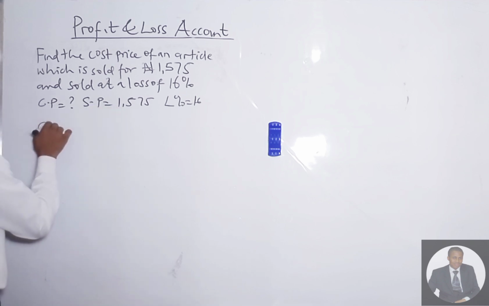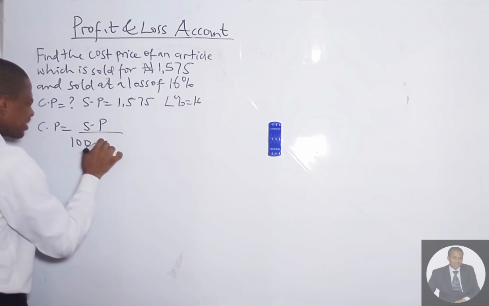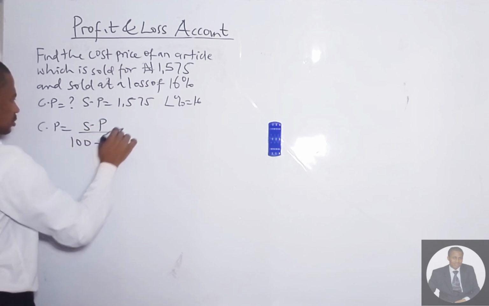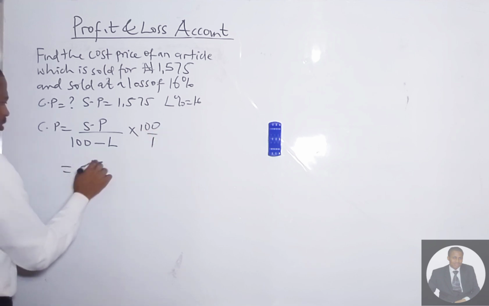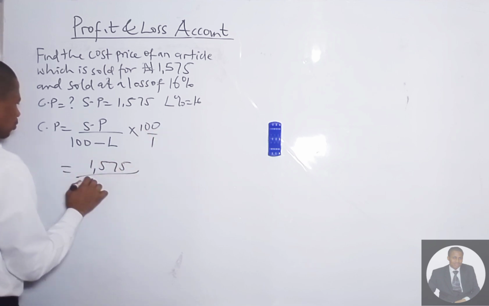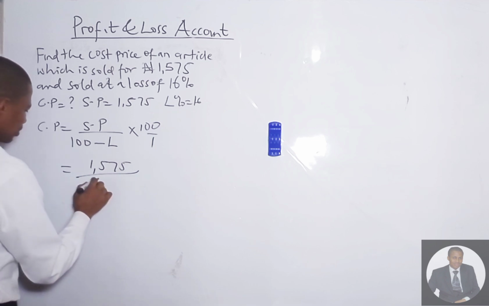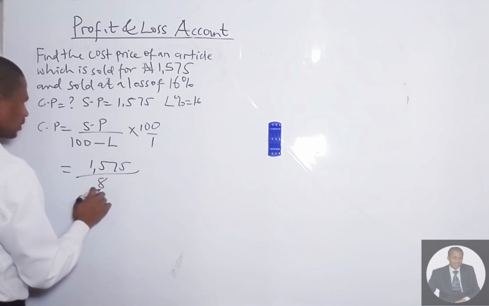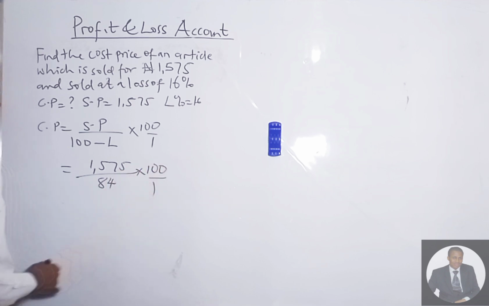So our cost price here will be selling price over 100 minus the loss times 100 over 1. So the selling price is 1,575 over 1. The loss is 16, so 100 minus 16 will give us 84, times 100 over 1.